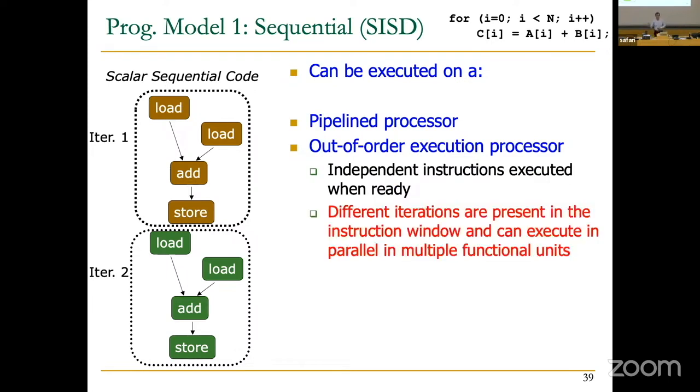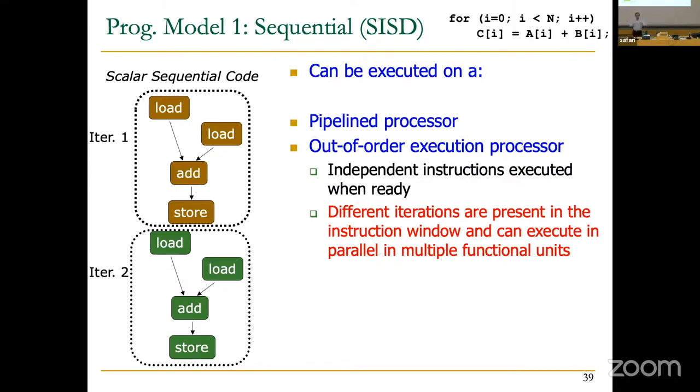And the big benefit of out-of-order execution in this kind of code is different iterations that are completely independent of each other. We know that. Out-of-order execution does a lot of work to find that out. It doesn't even find that out, right? It just finds out which instruction can be executed when. That's it. But the end effect is that it can take all of these different iterations in the instruction window and execute them in parallel in multiple functional units.